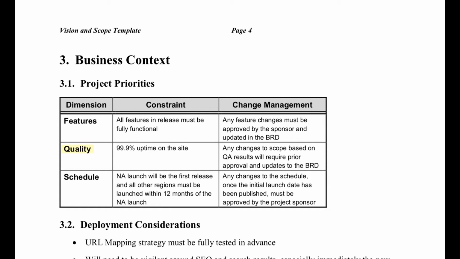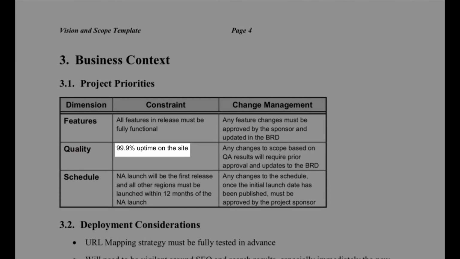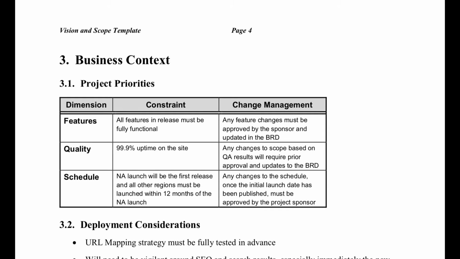Then we have quality as a dimension. We're talking about the quality for the site. So we're expecting that the site is up 99.9% of time. What that tells us is that the stakeholder is expecting the site to be up and available almost 100% of the time.